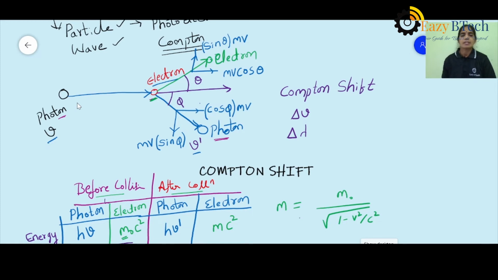So remember this: we have the horizontal component for the electron as mv cos theta and its vertical component as mv sin theta. Similarly, the horizontal component for the photon is h mu prime by c cos phi, since phi is the scattering angle, and the vertical component is h mu prime by c sin phi.